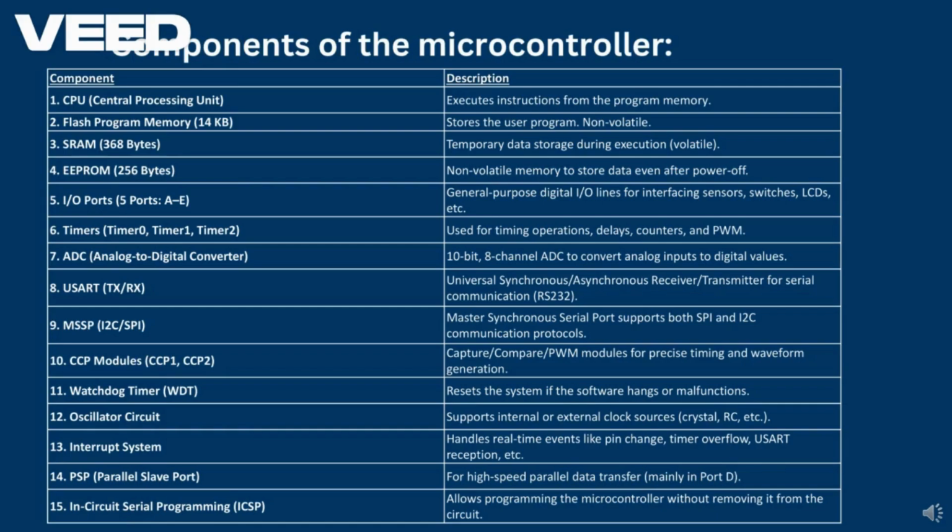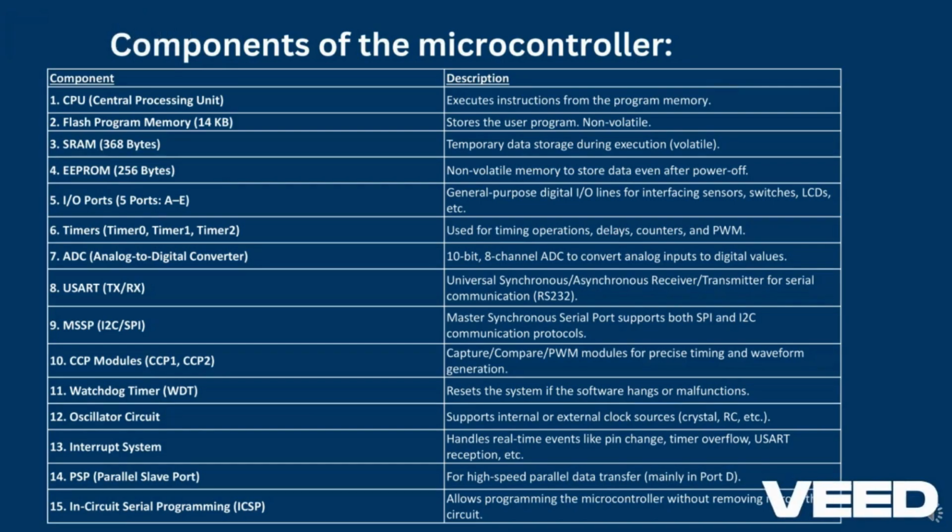We use timers in cases where we have to specify that this function has to work for this particular time, and after this it has to do this job. So I'll explain about timers in detail a little later.